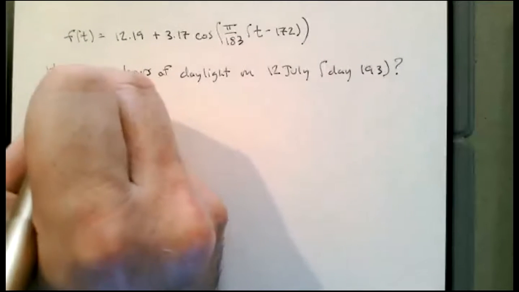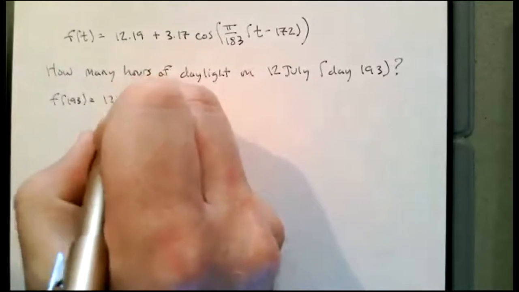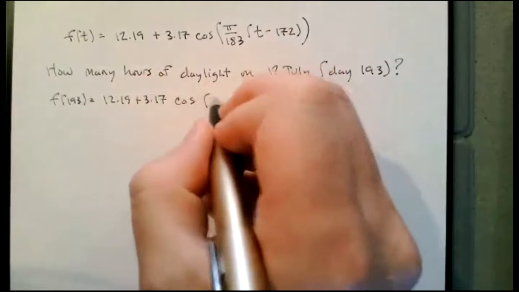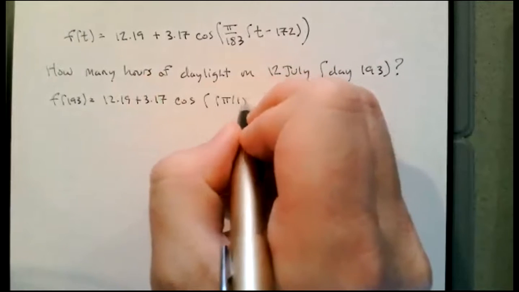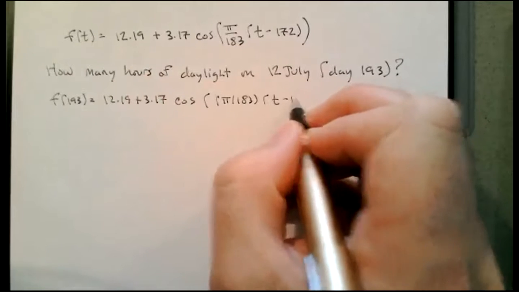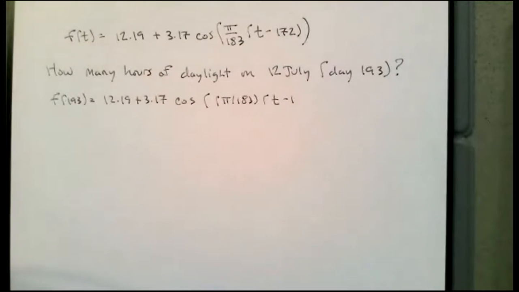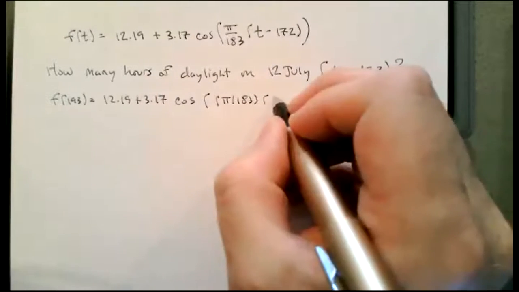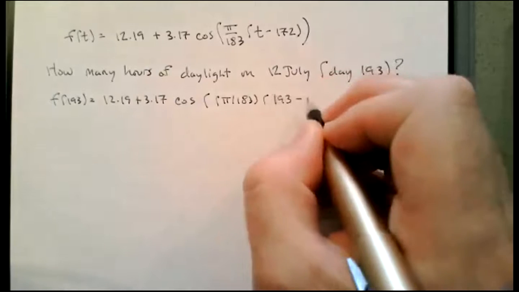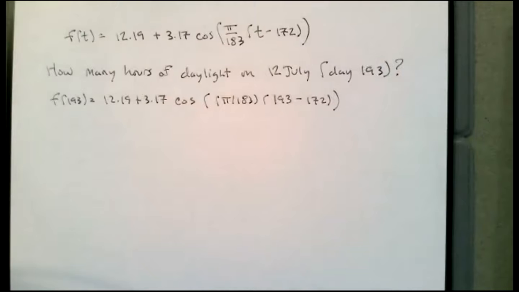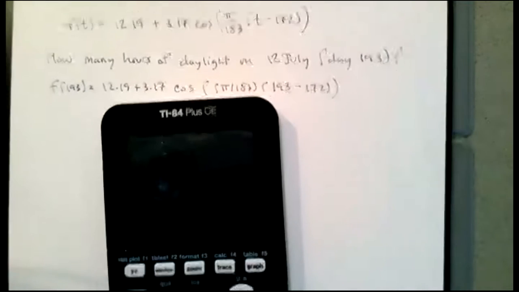So f of 193 is 12.19 plus 3.17 times the cosine of pi over 183 times t minus 172. Oops, t is 193. Times 193 minus 172. I switch this down to single line syntax, because the next thing I'm going to be doing is asking a calculator for this calculation.